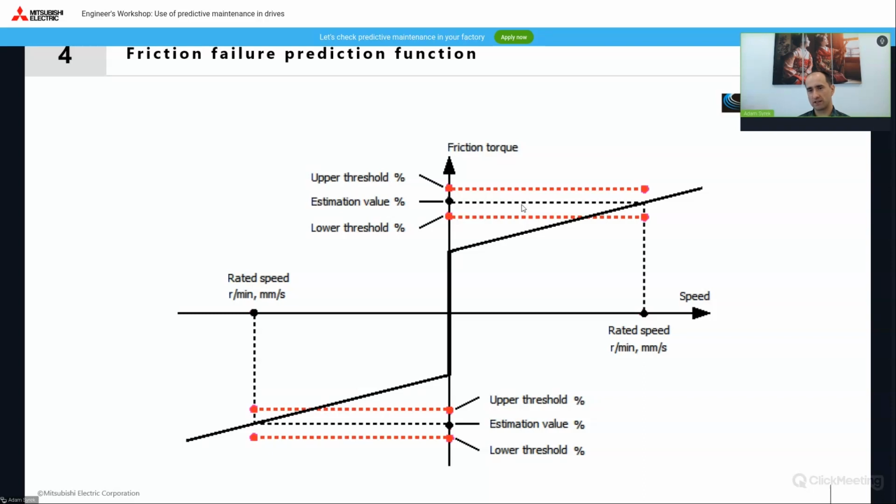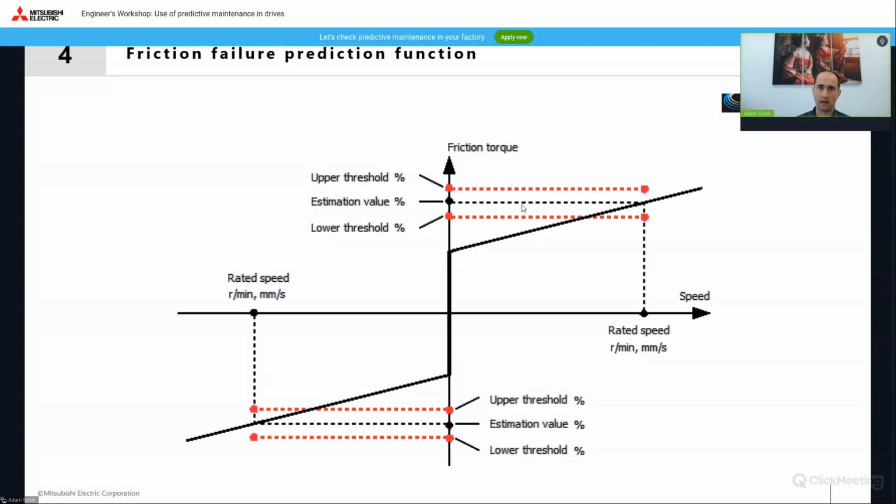And as I said, it can be made automatically by the amplifier, but we can also set these levels by ourselves. So if we know what we should expect, or we see the levels of the friction that are estimated, we can say that we don't want to have more than something, and set those levels by ourselves.